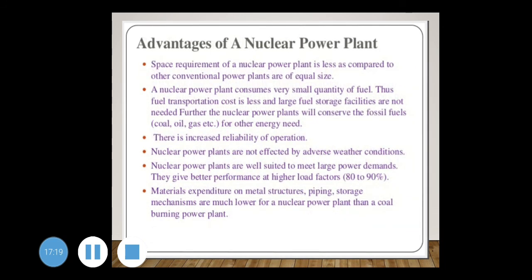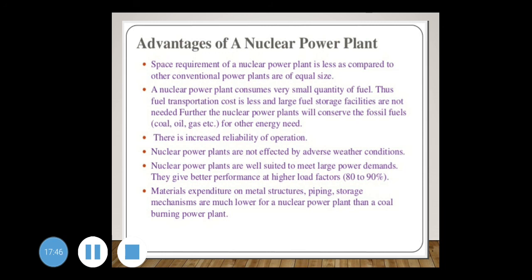Now, the advantages of a nuclear power plant. The space required for a nuclear power plant is less. It consumes a small quantity of fuel, meaning the requirement of fuel is small. The operation is very reliable.